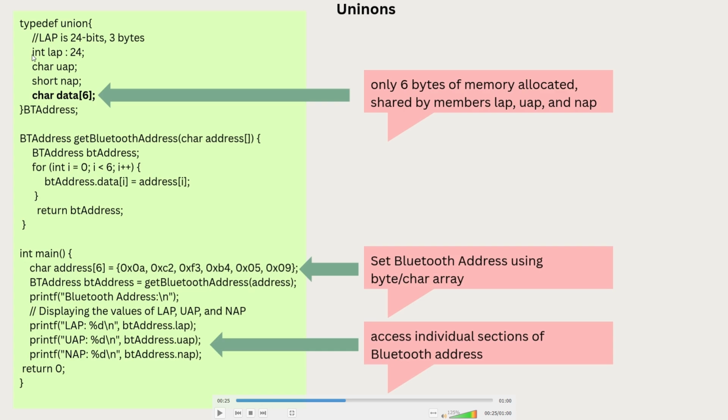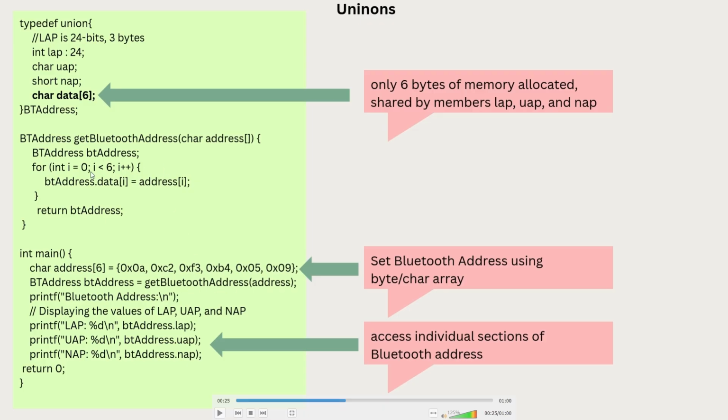Like you have a LAP, UAP, NAP and your data. So you will copy data to here, but you can access each LAP, UAP, NAP simply. For example, you can see this code. Here I am calling this function which sets the Bluetooth address using the byte array, character array. I am passing this 6 byte character array to this function.